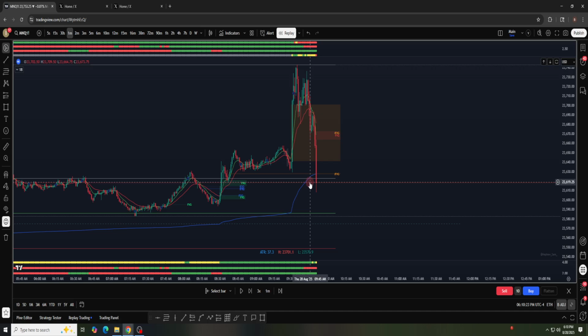We're about 30 to 40 points away, so that's kind of in line. The ATR is 37, which is pretty much in line with what I'm expecting in terms of price movement. So if the dots turn red, this is what's going through my head. Dots are still mixed. This blue line is VWAP, and price has closed below VWAP.